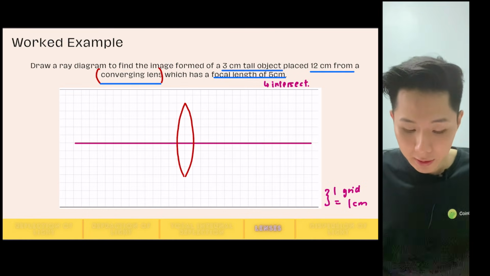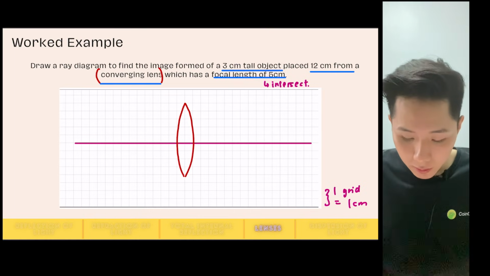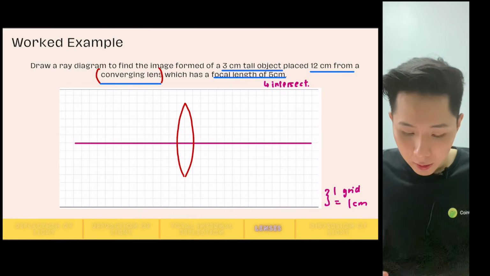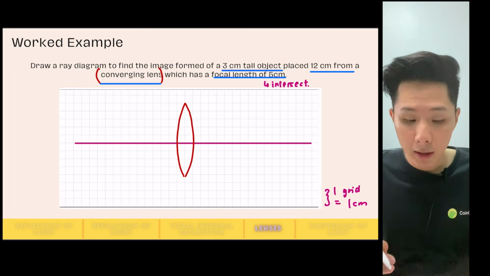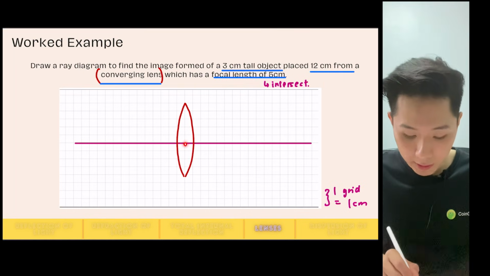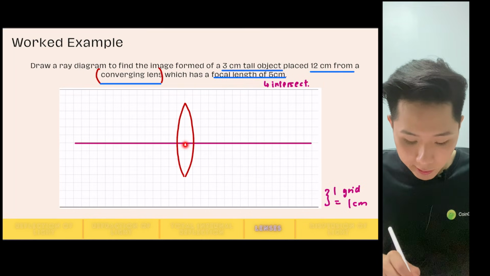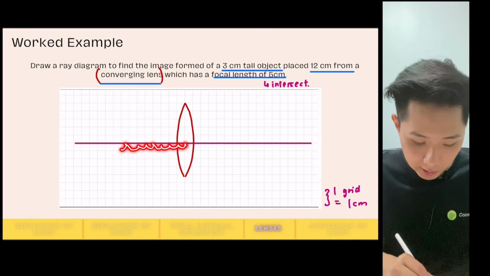So let's look into how we can draw the entire ray diagram for this example. The question said that we have a 3 cm tall object placed 12 cm from the converging lens, meaning we need to draw an object 12 cm from the center of the converging lens. So I'm just going to count 12 boxes: 1, 2, 3, 4, 5, 6, 7, 8, 9, 10, 11, 12.